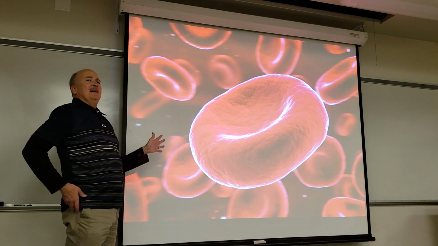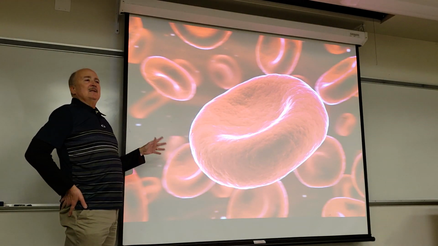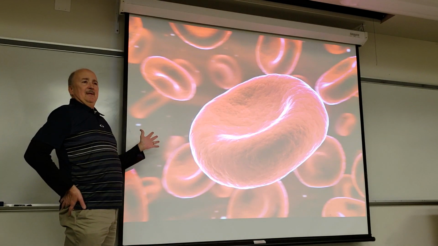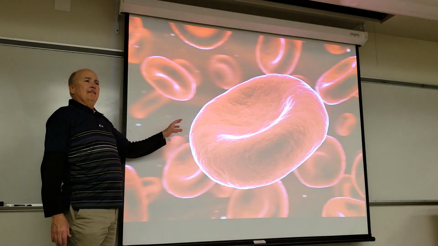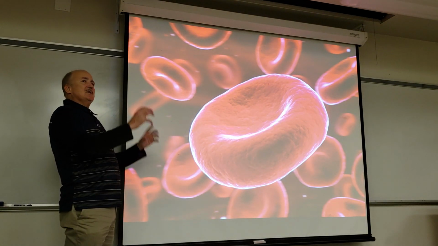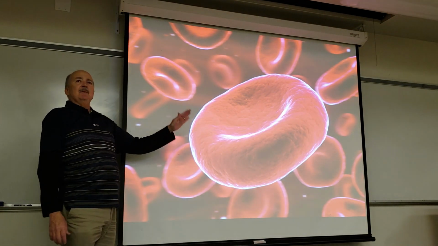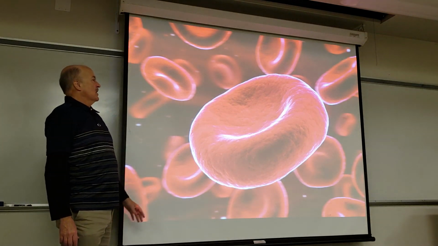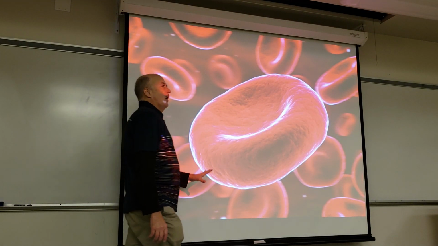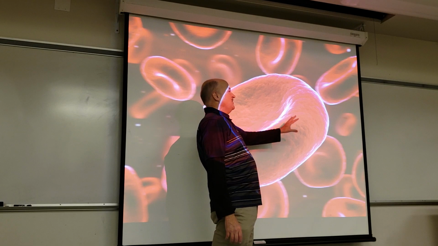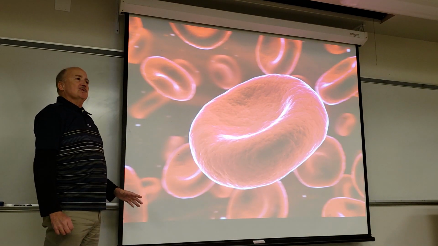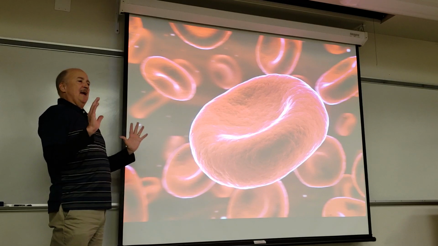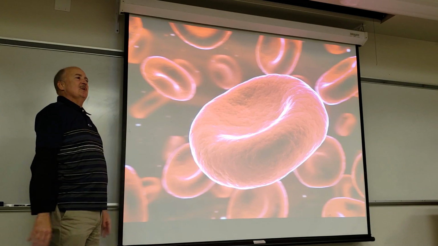And these defensive proteins, these antibodies, or immunoglobulins, as they're known, can bind to foreign molecules, stick to them, and mark them for destruction by your immune system. So you have lots and lots of proteins on your cells, identifying your cells to your immune system, saying, don't attack me, I'm on your side.